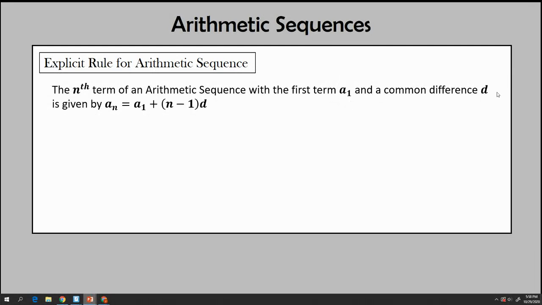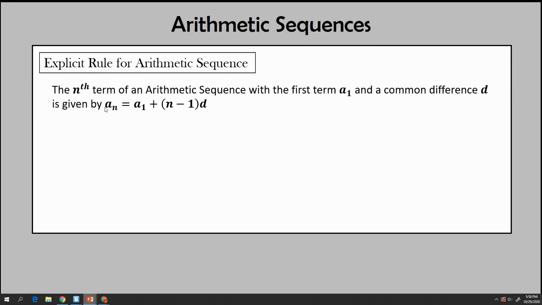All right, so to find any term of the sequence with the first term of a sub 1 and a common difference of d, we would use this formula. This a sub n, this a stands for arithmetic. So the arithmetic sequence of whatever number we want to pick is found by taking the first term of the sequence and adding to it the number of the sequence term, which is our n minus 1, times the common difference.